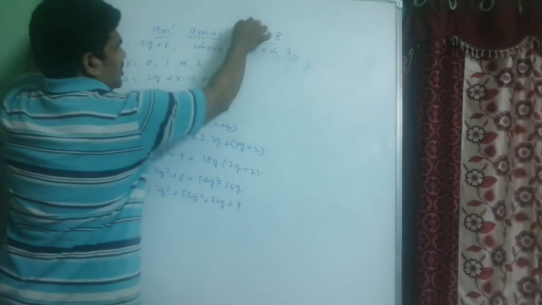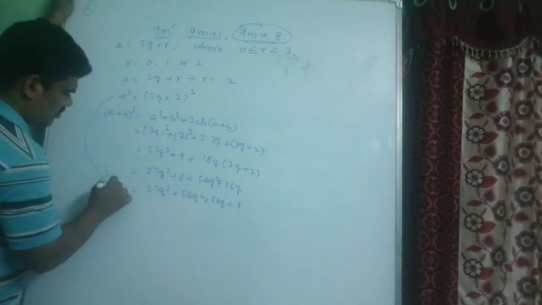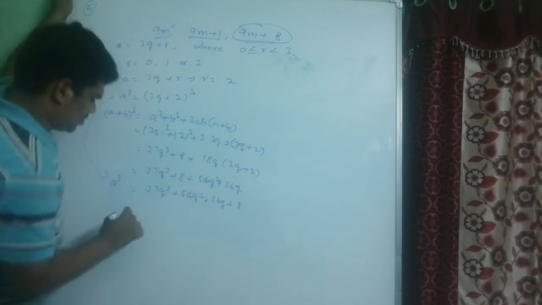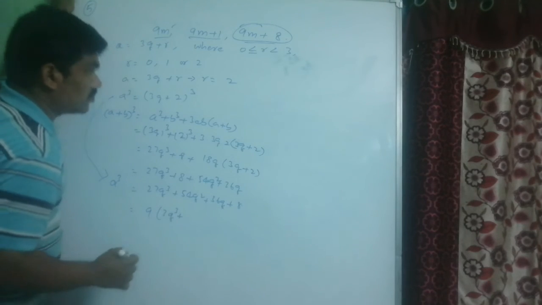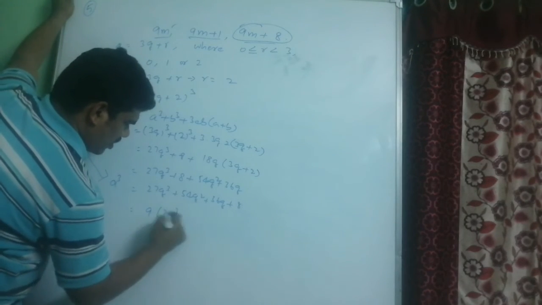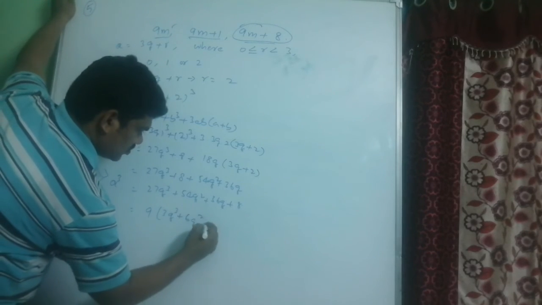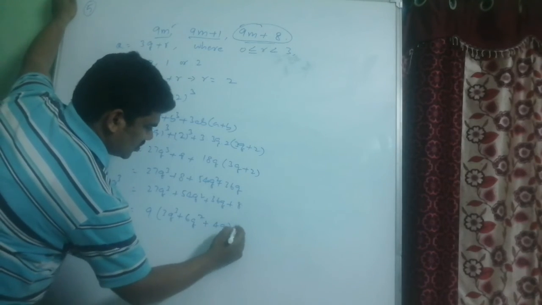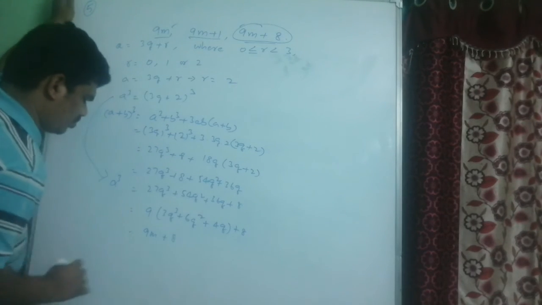So in the question asked, you have to prove 9m plus 8. So we have to take 9 as a common. 9m plus 8, we proved.